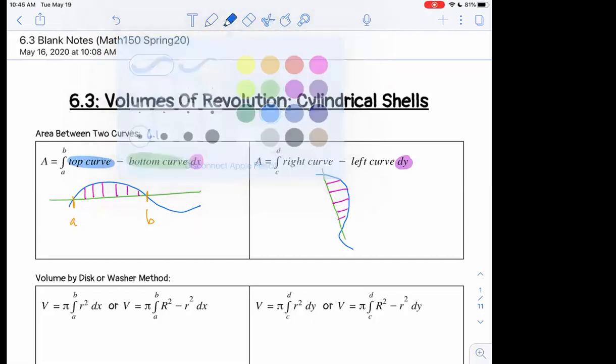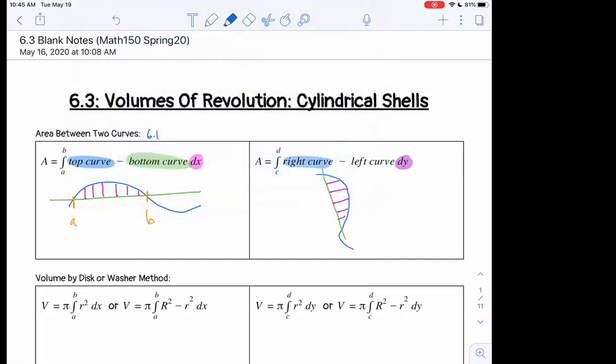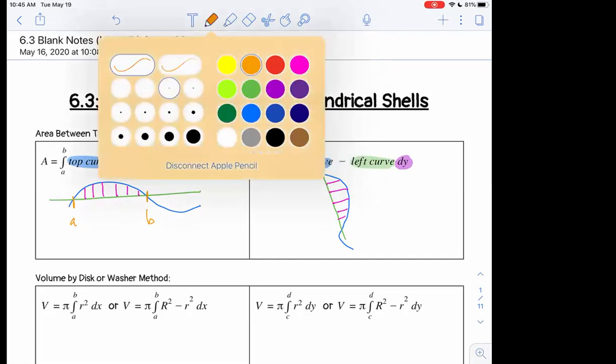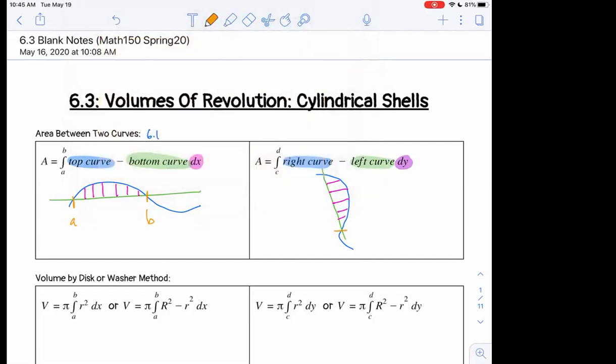My right curve in this case is the blue one, and my left curve is the green one. And when I find my bounds, I better be using the y value of that bottom point and the y value of that top point.